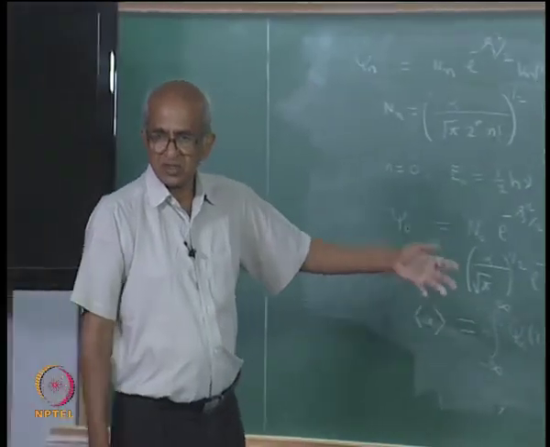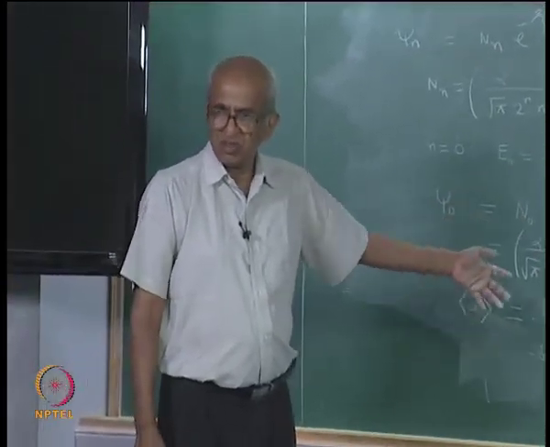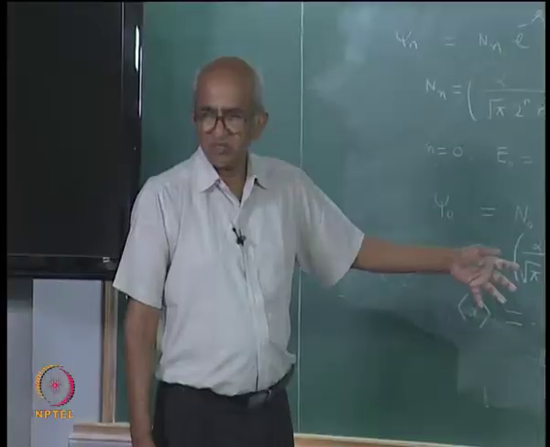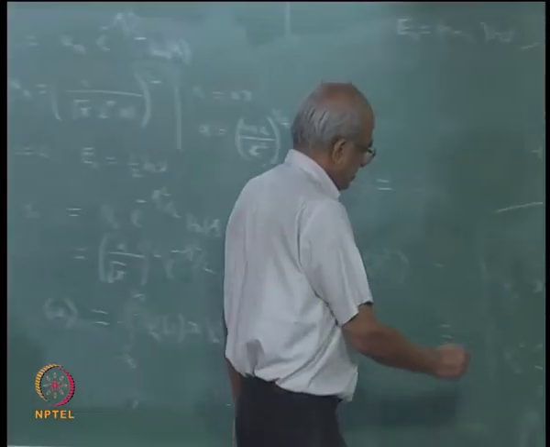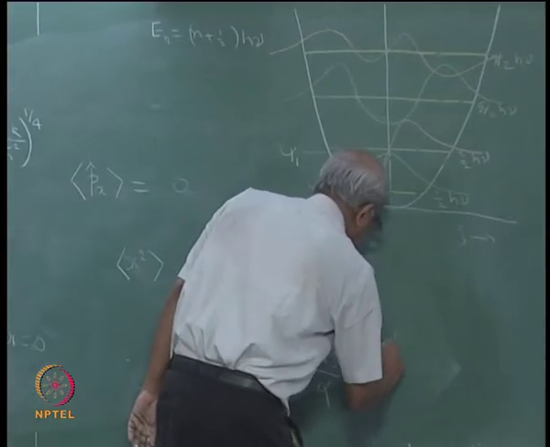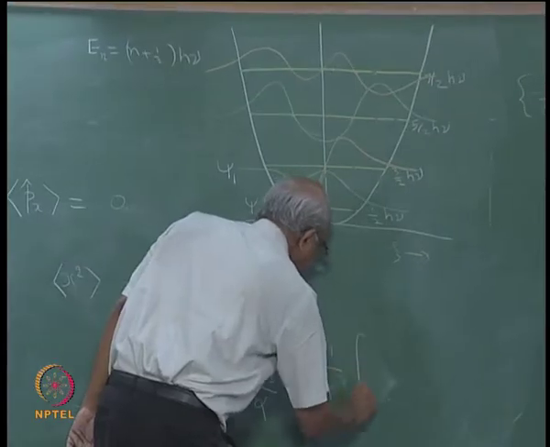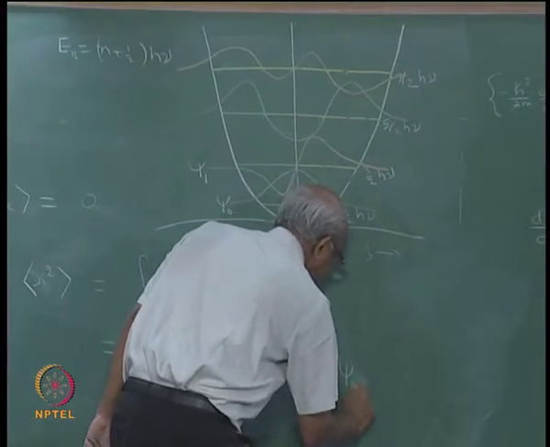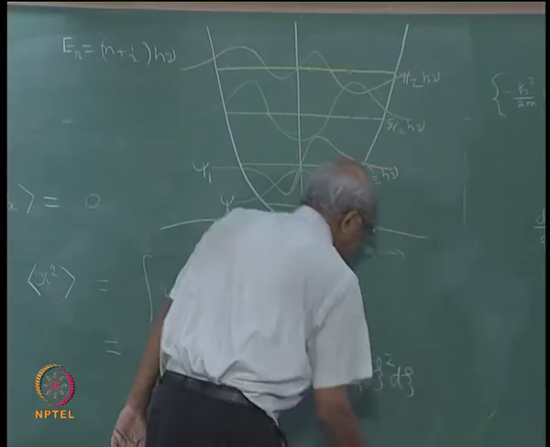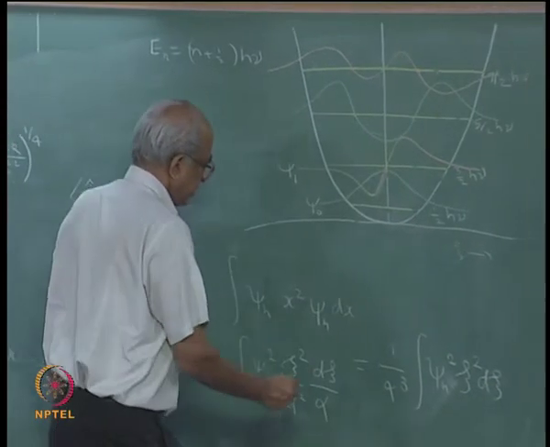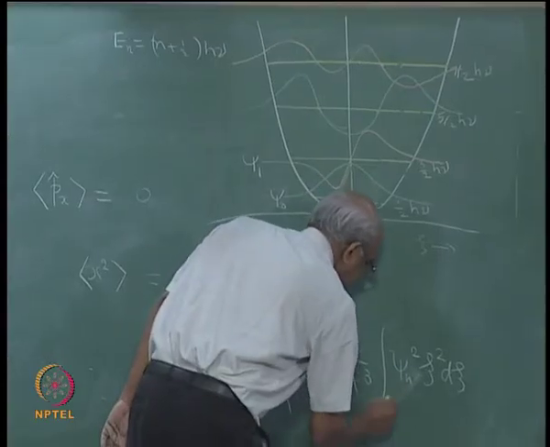You are changing x square as well as dx into expressions in terms of c and dc. So, what happens is you will get 1 by alpha cube integral psi n square c square dc from minus infinity to plus infinity.